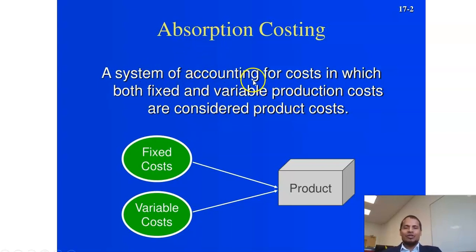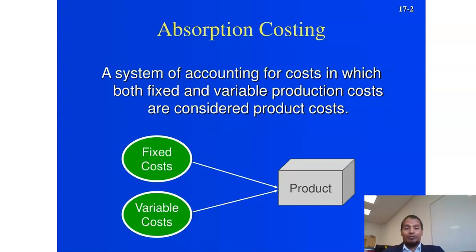So absorption costing is a system of calculating cost where you will consider both fixed production cost and variable production cost into the product cost.